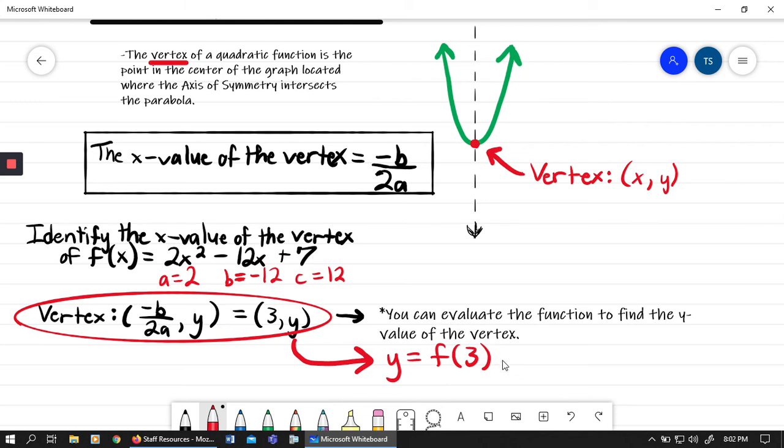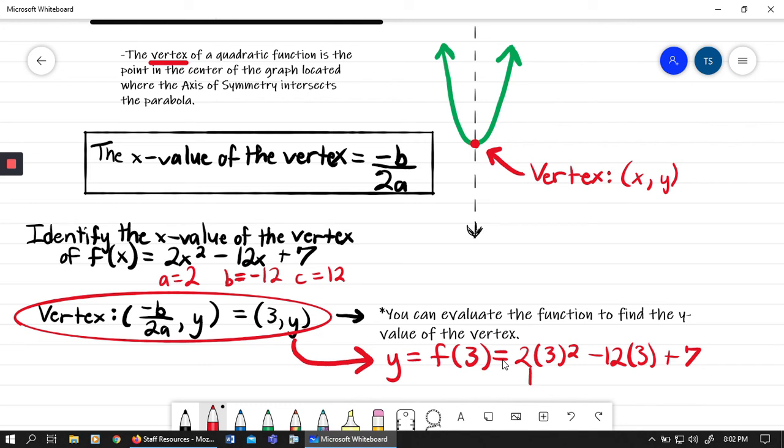So that means this would be 2 times, instead of writing x, 3 squared, minus 12 times 3, plus 7. Okay, so 3 squared gives us 9, and 9 times 2 is 18.